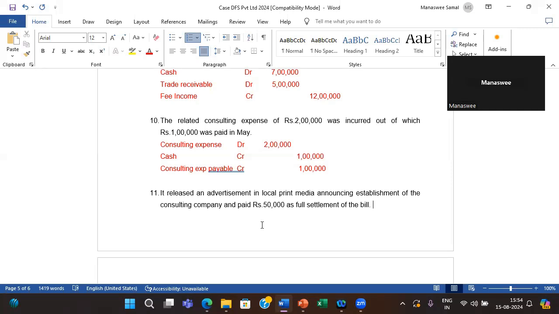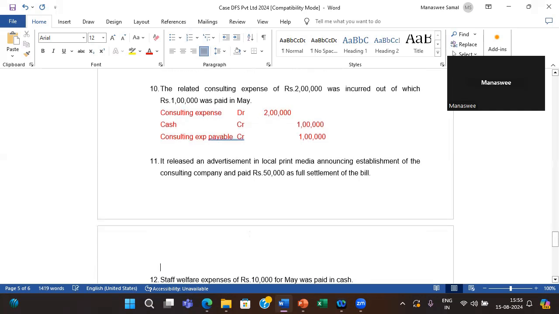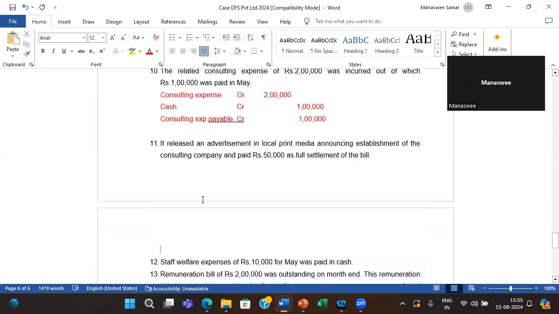The philosophy of recommending its charge to the P&L is that the future benefit that would come out of this kind of expenses is too uncertain to quantify. So when accounting is confronting an uncertainty, being a conservative body of knowledge, it brings in its age-old easy way out: take it to the P&L and forget it. So that is what you have to do. The entire expense has to hit the P&L.